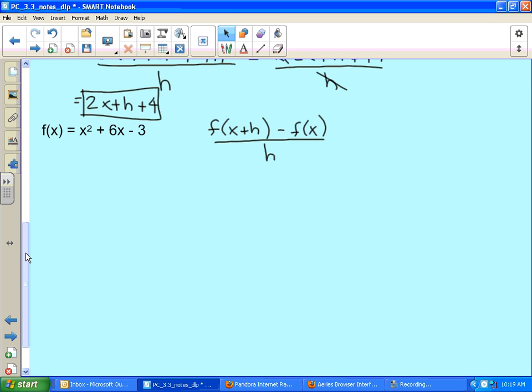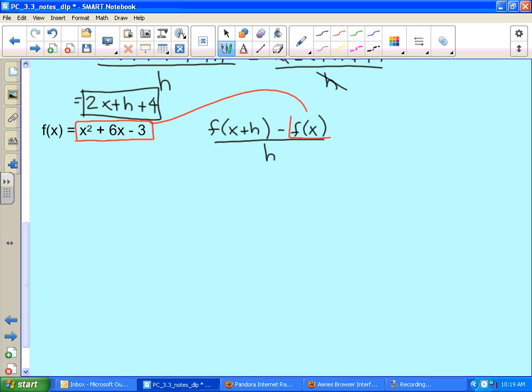So remember that the f of x function is what we end up removing after we get this f of x plus h out of the way. So first of all, find the f of x plus h. F of x plus h would be replace all the x's with an x plus h.